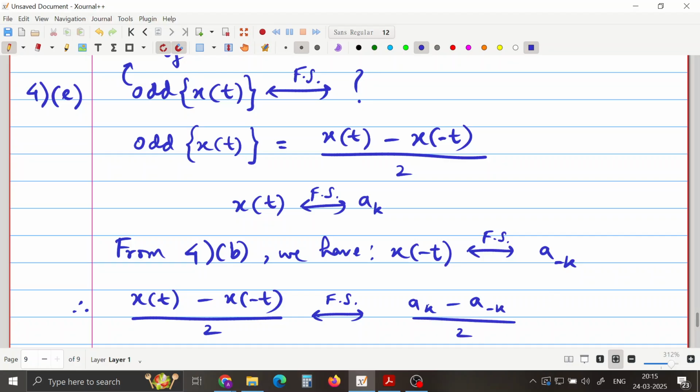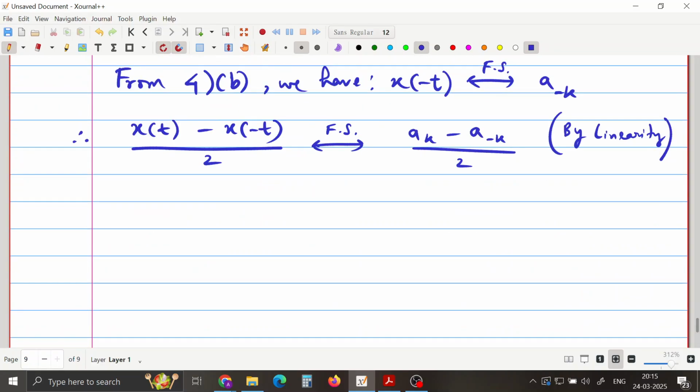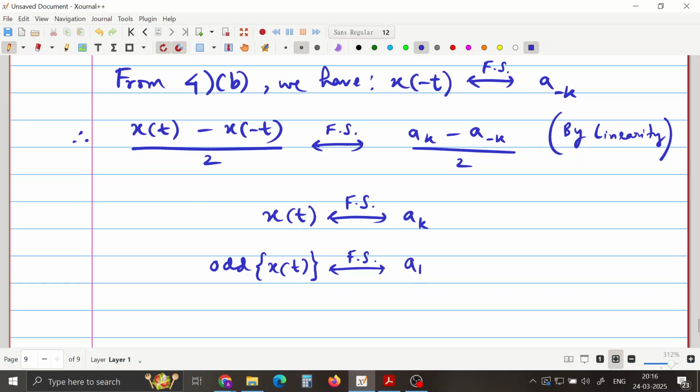And again, what I am using here is simple linearity. So my conclusion is that if x of t has an exponential Fourier series coefficient ak, then the odd part of x of t will have Fourier series coefficient ak minus a minus k divided by 2.